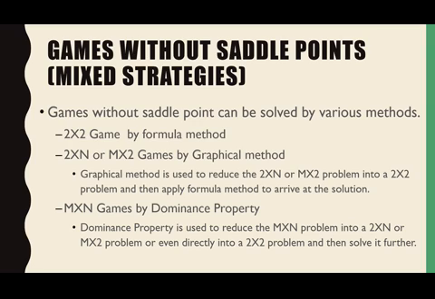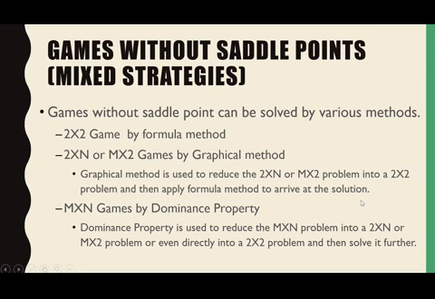So we will have to reduce the problem into a 2 cross 2 problem. To reduce the given 2 cross n or m cross 2 problem, we use the graphical method. By using the graphical method, we reduce this 2 cross n or m cross 2 problem into a 2 cross 2 problem. And then for that resulting 2 cross 2 problem, we apply the formula method and find the solution.